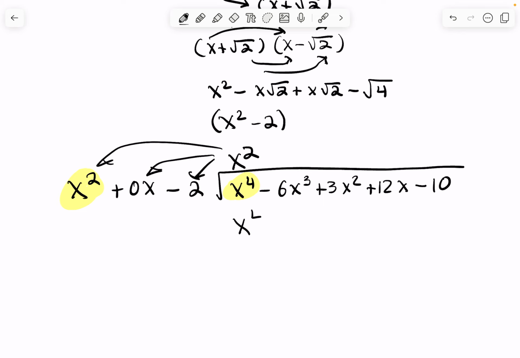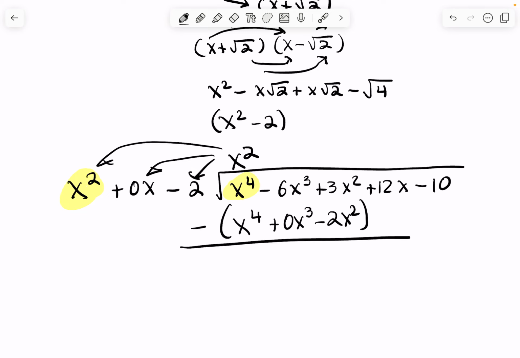So we get x to the 4th plus 0x cubed minus 2x squared, in parentheses, with a minus sign. Negative 6x cubed minus 0x cubed remains negative 6x cubed. 3x squared minus 2x squared, that is 5x squared. And then I take the next term and I drop it.